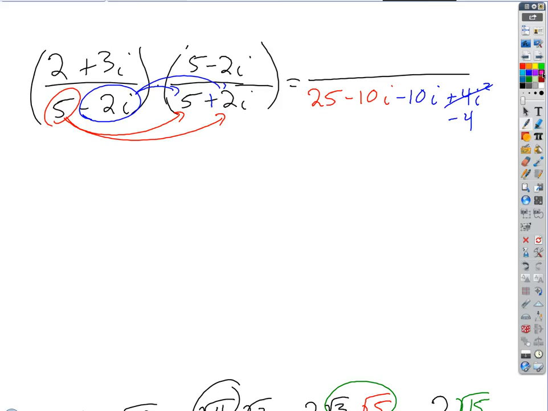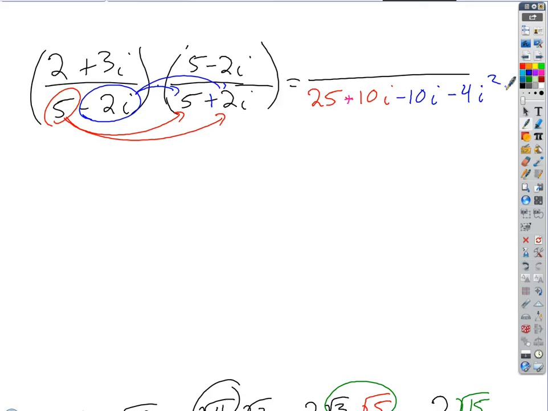Well, when I multiplied my original 5 through, I would have gotten 25, but then I would have gotten a plus 10i, right? And then when I distributed the negative 2i through, I would have gotten a negative 10i, but then I would have just gotten a negative 4i squared. So it would have changed the last term a little bit too. What's negative 4i squared?